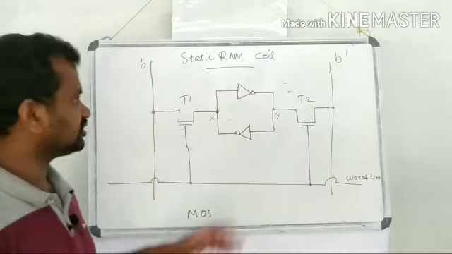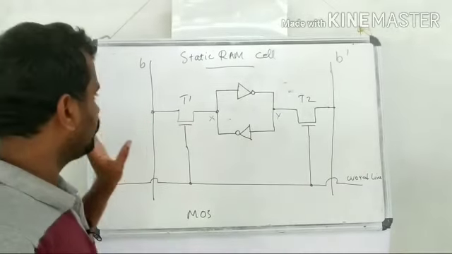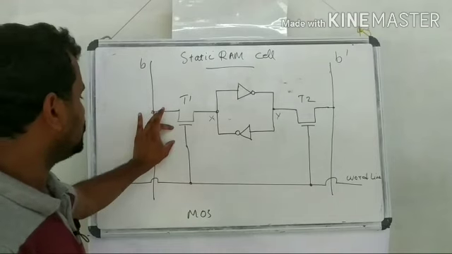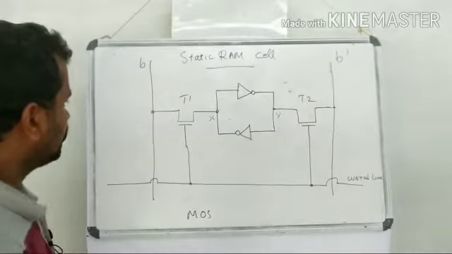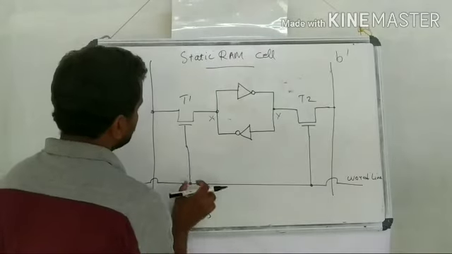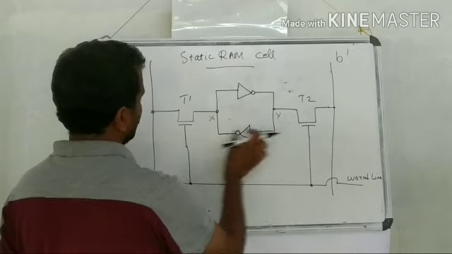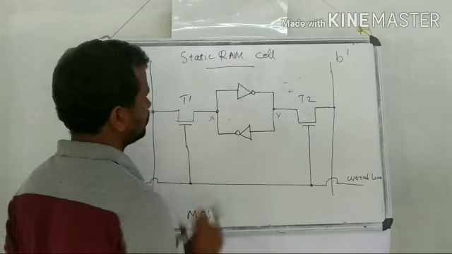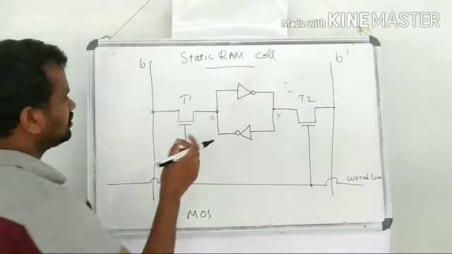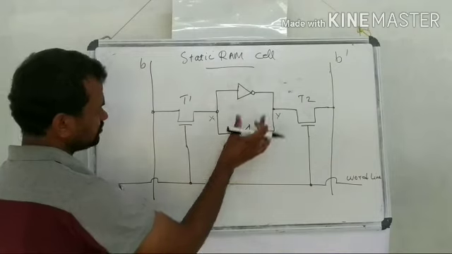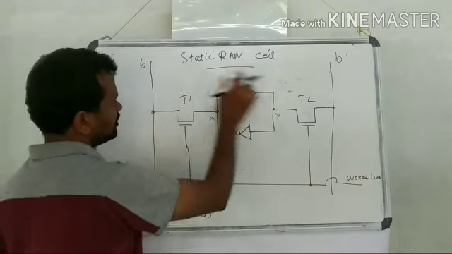So the latch is connected to the bit lines through two MOS transistors T1 and T2, and the gate inputs of the MOS transistors are connected to the word line. Whenever the gate value becomes high, T1 and T2 will be turned on, and the contents of the latch will be available to B and B bar.